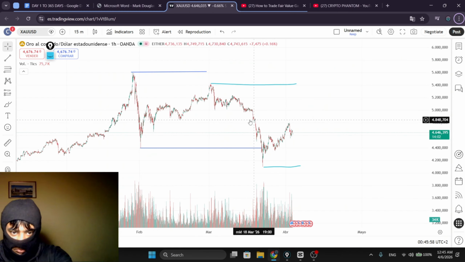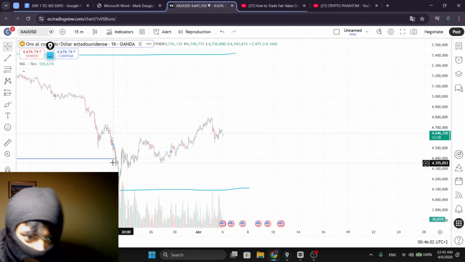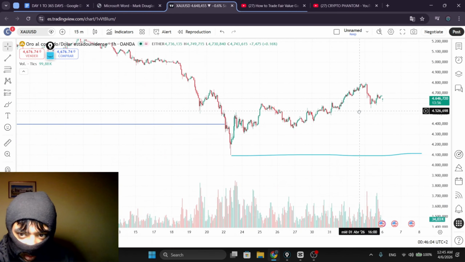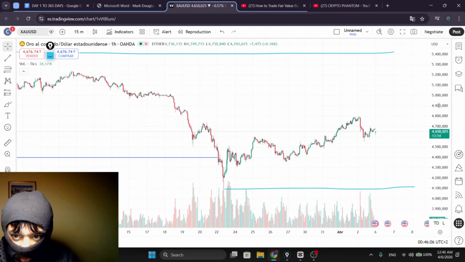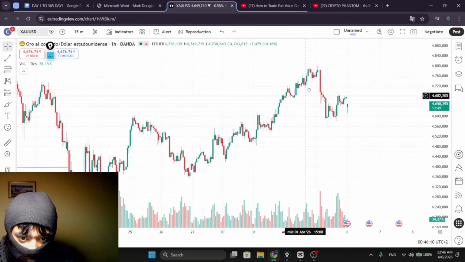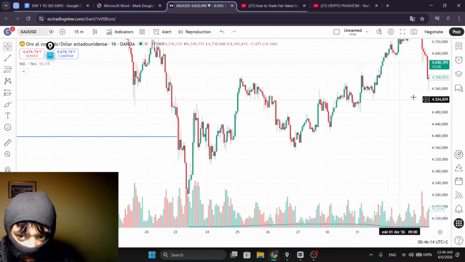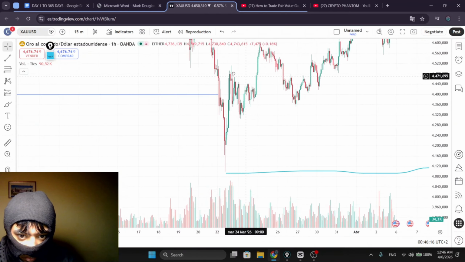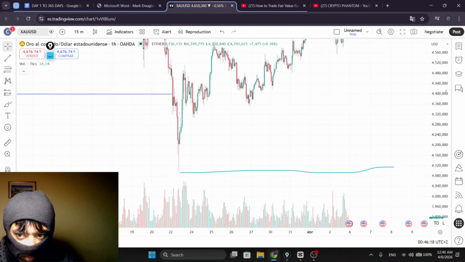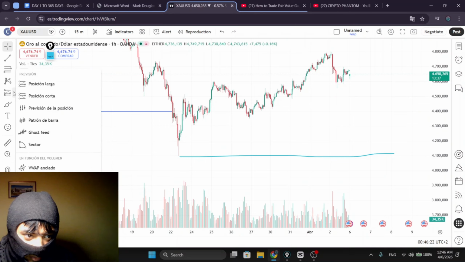Let's go. So we are here at the fair value gap. We're on the 15-minute chart in gold, XAU USD. Let's do the method that he said, Fibonacci retracement.